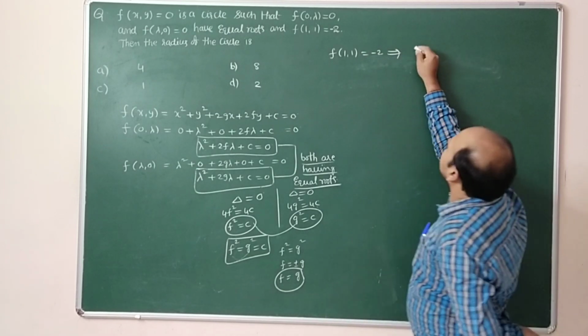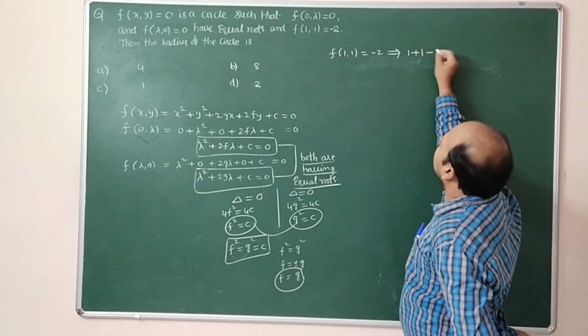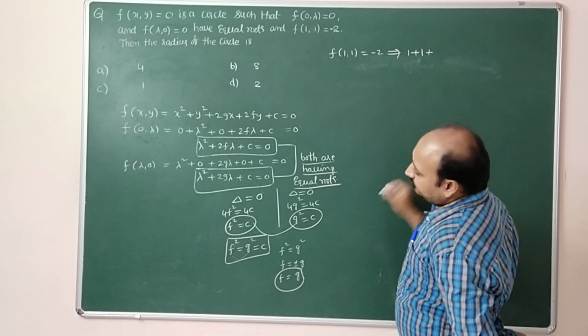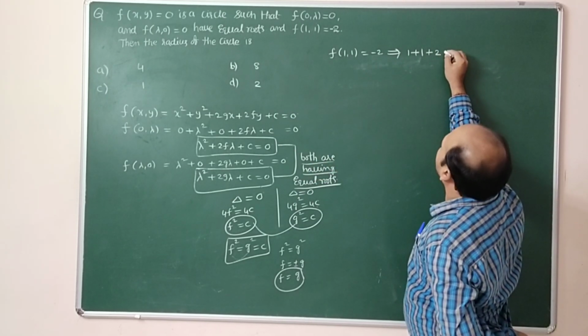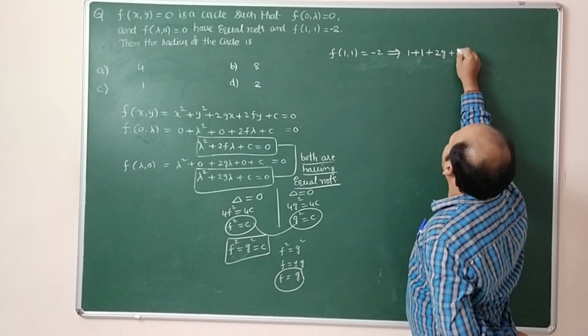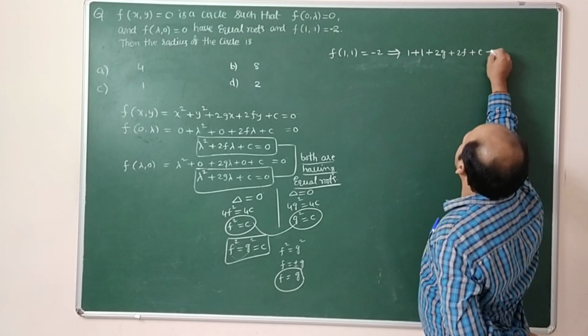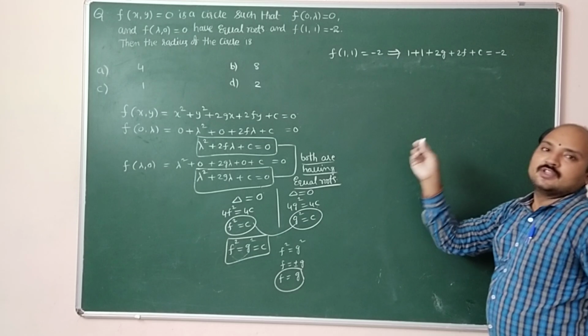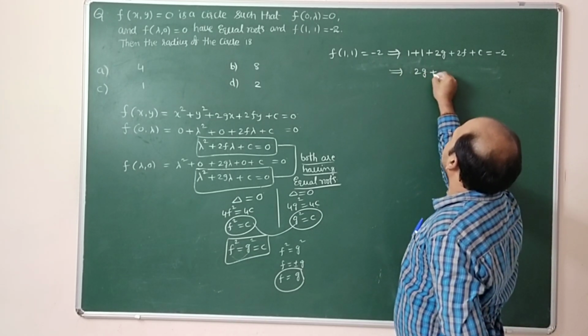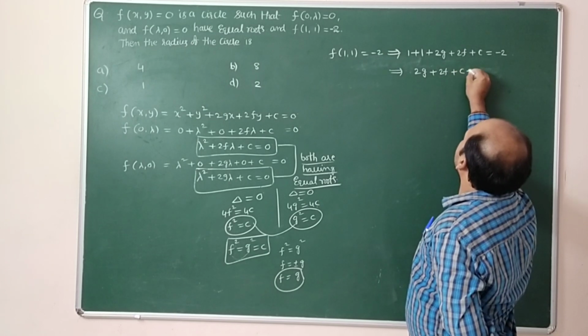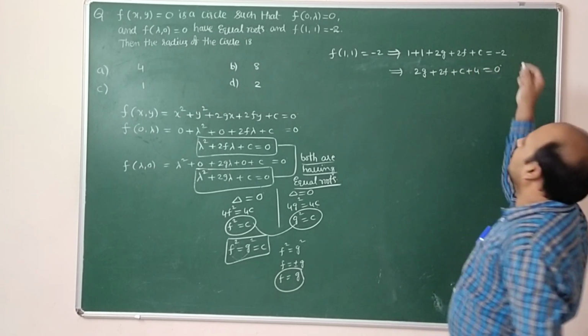That implies 1 + 1 + 2g into 1, that means 2g + 2f + c = -2. This minus 2 we can take to this side, so it becomes 2g + 2f + c + 4 = 0.